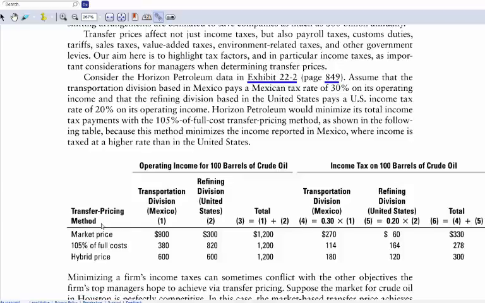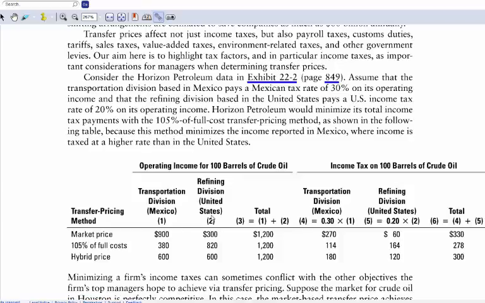So the first one here is our market price. If we were to go back and look at our tables, we would have seen that the transportation division had a result of $900 in operating income under that first method. And that first method was our market-based method, where it was set at the $85 market price that was known.